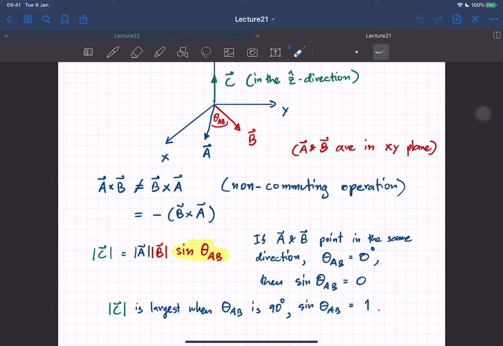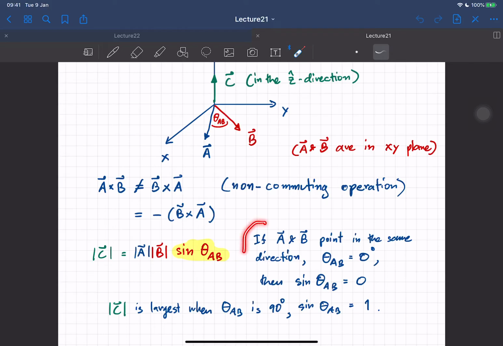And if A and B, these two vectors, are not perpendicular, then you need to have a factor of sine of the angle between A and B. So you can see that even for A and B non-zero, if the angle between them is 0, then sine of that angle is 0. So the cross product can also give a 0 result.